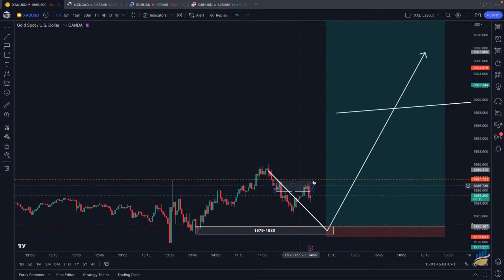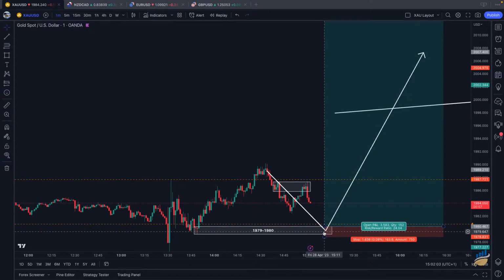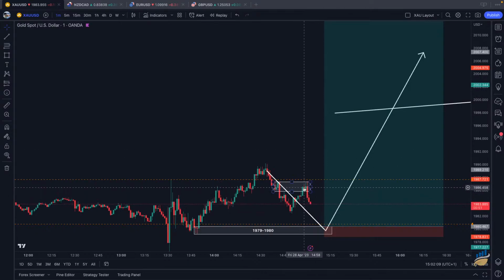So we shouldn't see price surpass this high before it trades us into this zone, because there is literally nothing left that's been unmitigated up here. There's no reason for price to break this high before it trades into this zone. After it's traded into this zone, absolutely, we want to see price break that high and trade us higher. But for the time being, I'm not expecting price to break above this high.